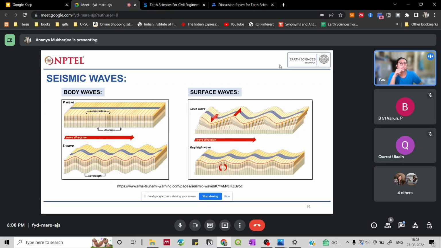But if we consider shallow earthquakes, where the focus is within a few kilometers of the Earth's surface, these waves cause the most damage. That is because their motion is very destructive to constructions and other properties on the Earth's surface.